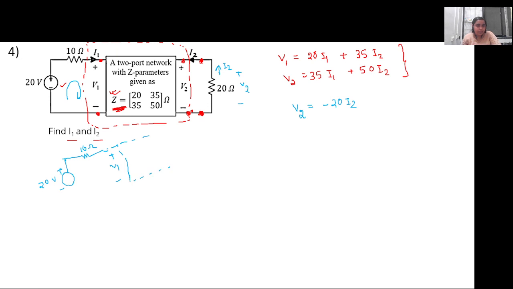So whatever that may be, we are now applying KVL across this particular loop. So it will be 20 minus 10 into I1, since I1 is the input current flowing through this 10 ohm, minus V1 will be equal to 0. This will be one of the equations, right?